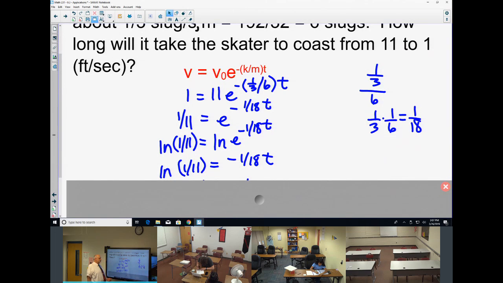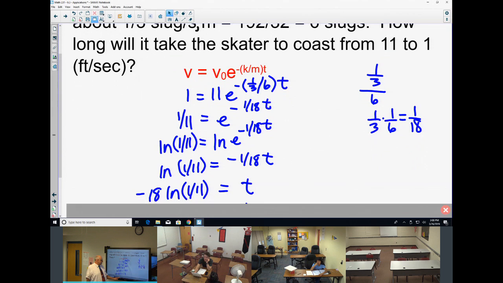So then to solve for t, what would I do? You either divide by negative 1/18 or multiply by negative 18. So that's what you would put in the calculator.